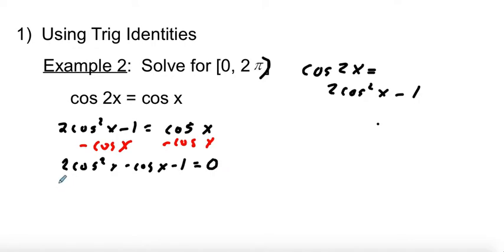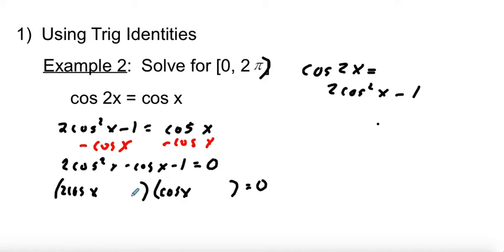Factor the left-hand side, because now you've got a quadratic. What times what gives us 2 cosine squared x? It'd be 2 cosine x times cosine x.